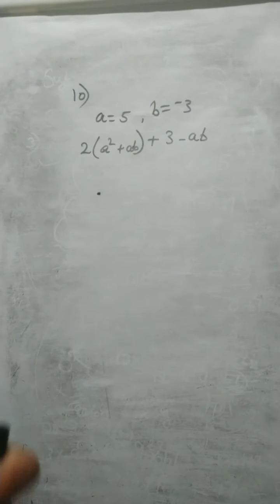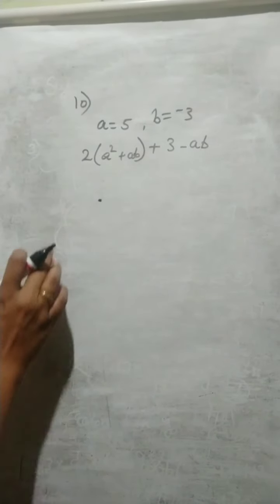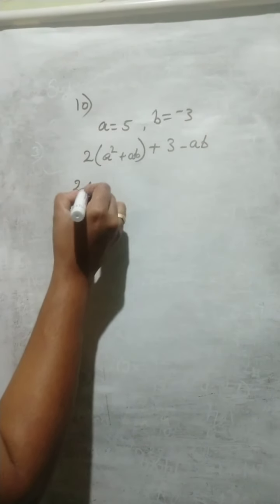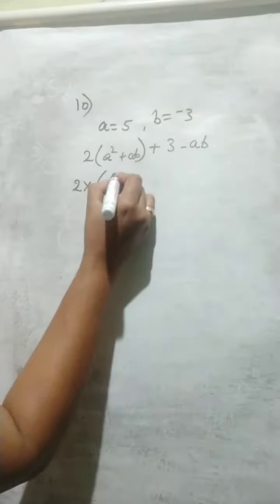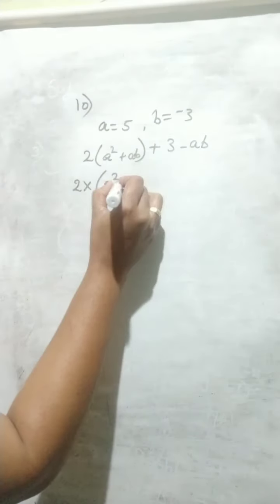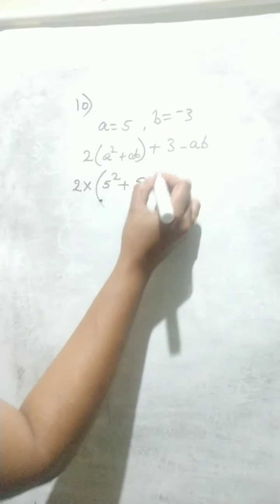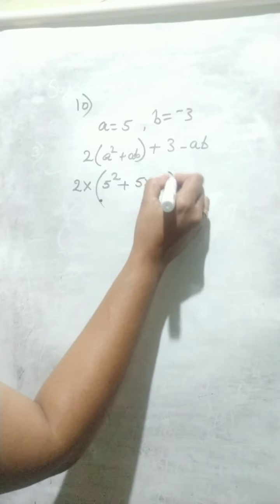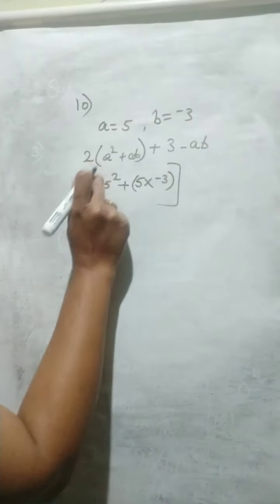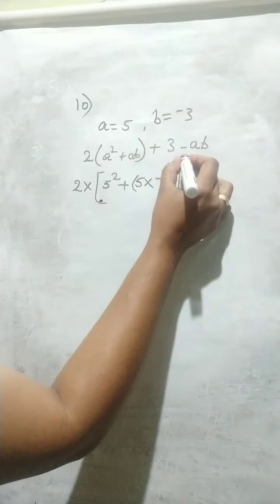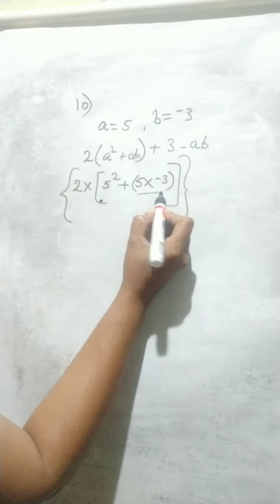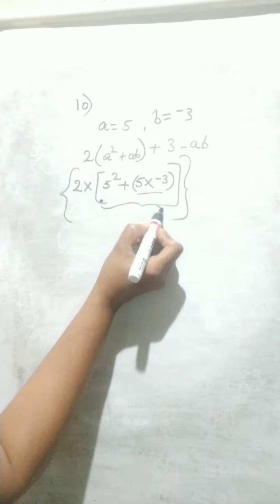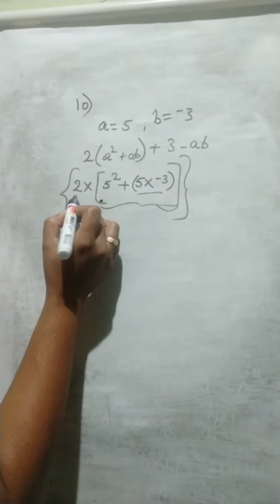Then 2 multiplied by, okay, a square, that is 5 square. Here a is equal to 5, plus 5 into b, minus 3. Okay, that is the one term. First we have to do this bracket. Next this bracket. Okay, then last this full.